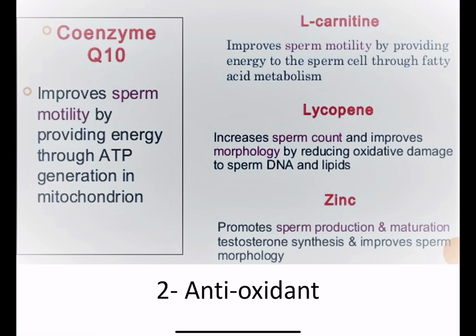This will cause cell damage and DNA damage of the sperm and lead to asthenospermia. So supplementing with antioxidants may help to reduce cell damage and increase the motility of the sperm. Examples of these antioxidants: L-carnitine, lycopene, zinc, and coenzyme Q10.